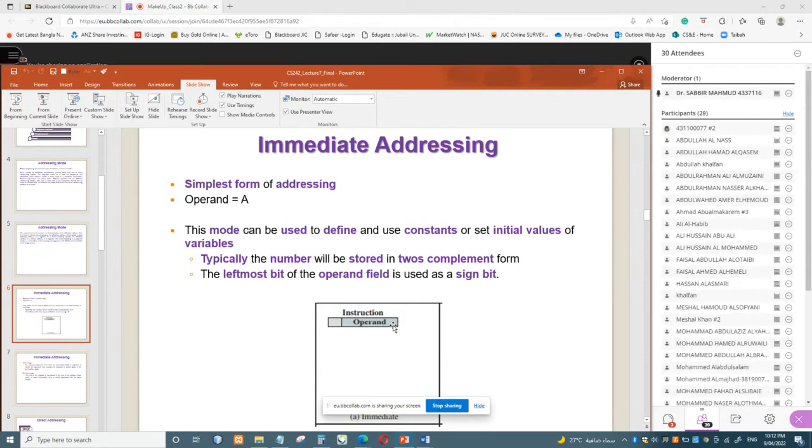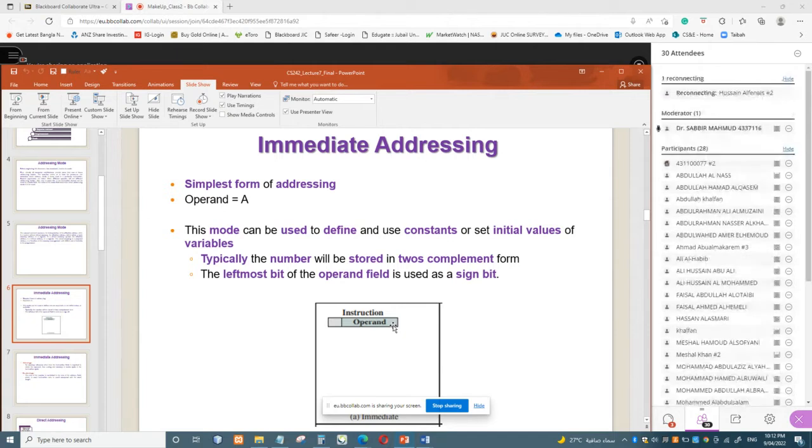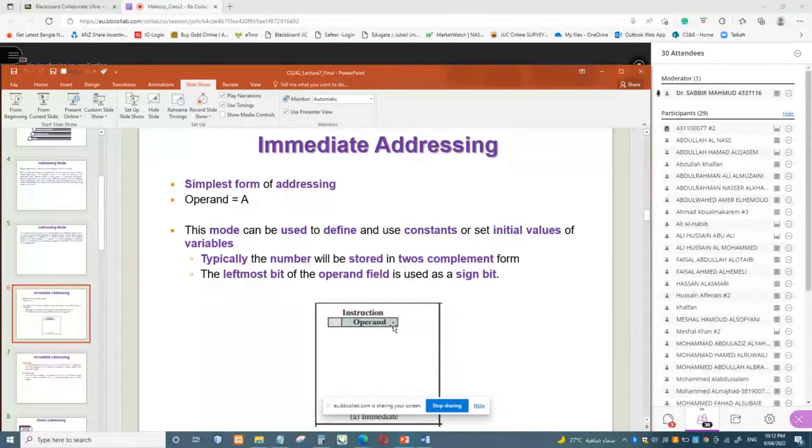But the question is, what is the size of your instruction? If your instruction is, say for example, 16 bits, how many bits will be used for the opcode, and how many bits for your operand, especially the immediate operand we are talking about?